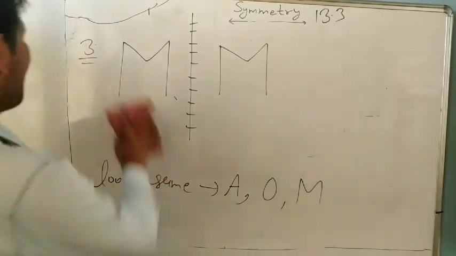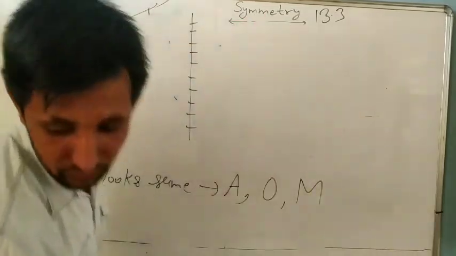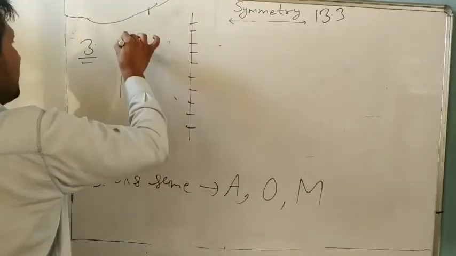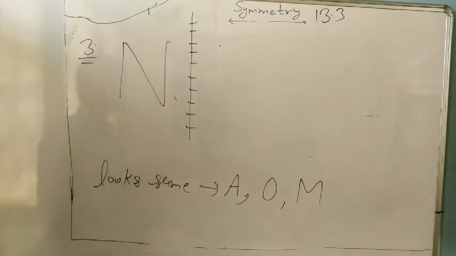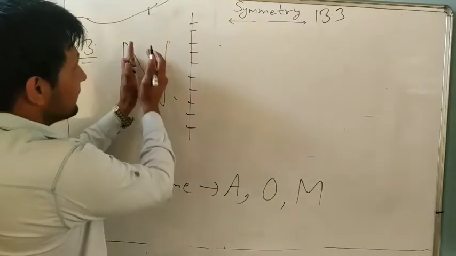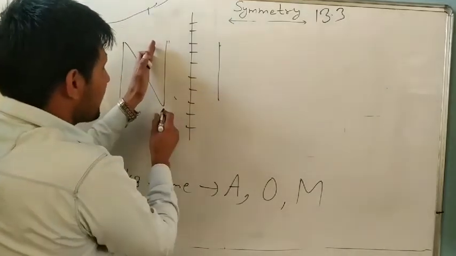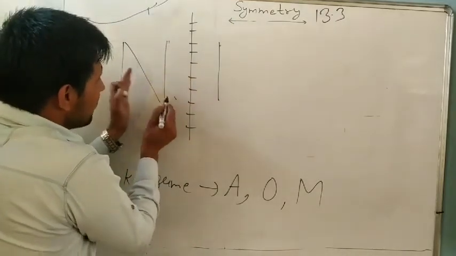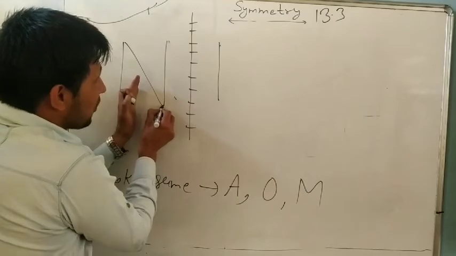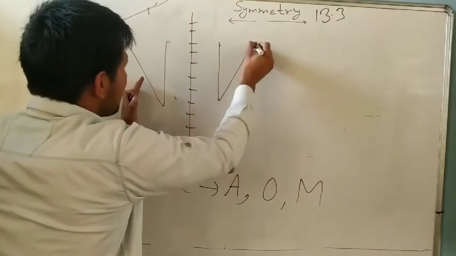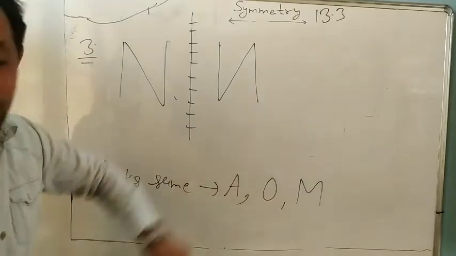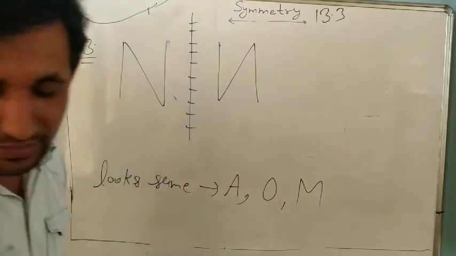Next we will find N. Now it is very difficult. We observe that this one is on the right, so here left. From here downside it is closed, so it is the mirror of the N. Understand?